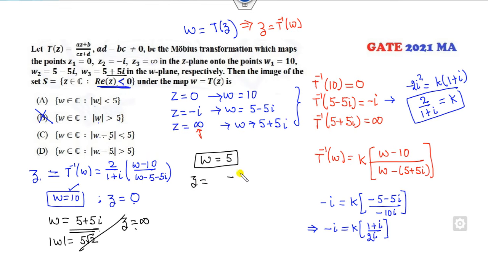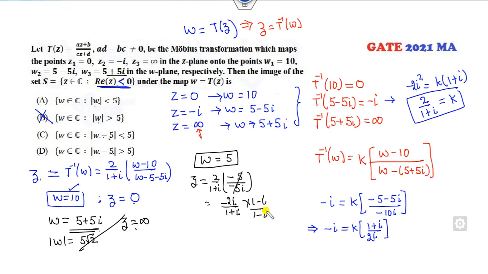So what is the value of z? 5 minus 5 cancels out, minus 5 iota over 2 over 1 plus iota. So it's 1 over iota, so that is minus iota over 1 plus iota. Can you rationalize it?